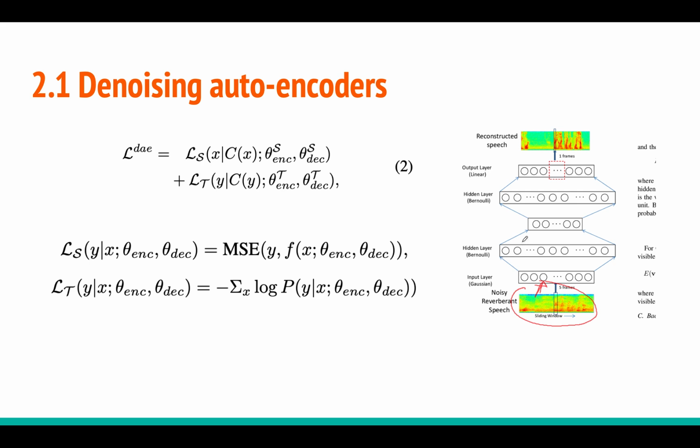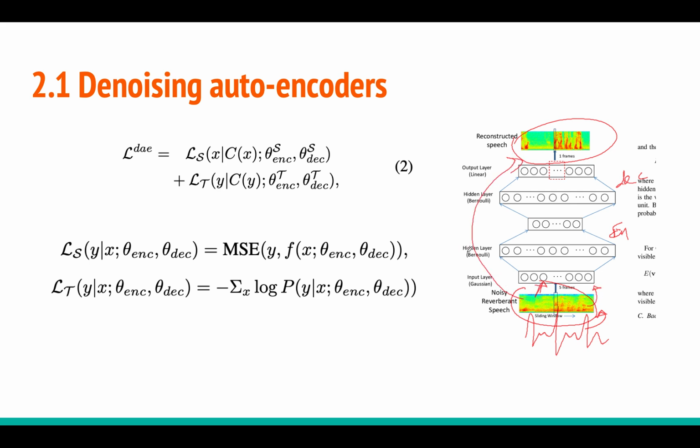Then you feed it to the encoder, and you have a decoder, and the decoder will try to generate or reconstruct the original. This is the original speech, right? Let's say this is some audio clip, and if you feed this to a spectrogram generator, it gives you this spectrum. Then you add noise to it, and you try to generate this.